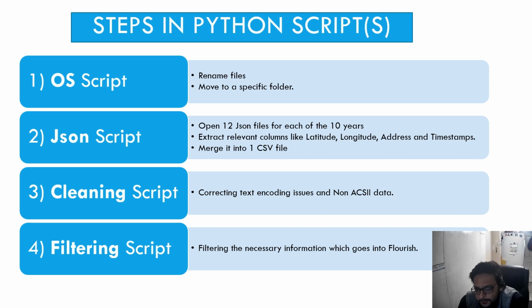In the cleaning script, what I'd be doing is correcting for text encoding issues, or if my data set has non-ASCII data, it's going to deal with that issue. The filtering step is basically what are the columns that are necessary to be put into Flourish. So these are 4 distinct scripts.